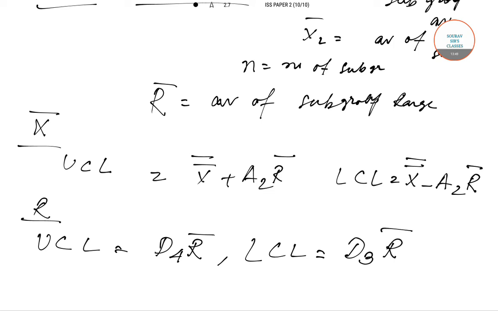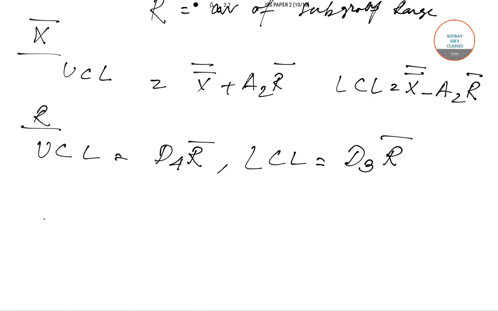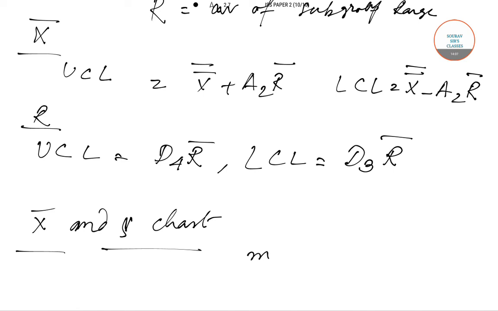Now I'll be talking about X bar and S chart. These two charts are very important and much more discussed than other charts. This is very similar to X bar and R chart, but in this case it is just a mean and standard deviation chart, mean and SD chart. The denotations are the same as above.